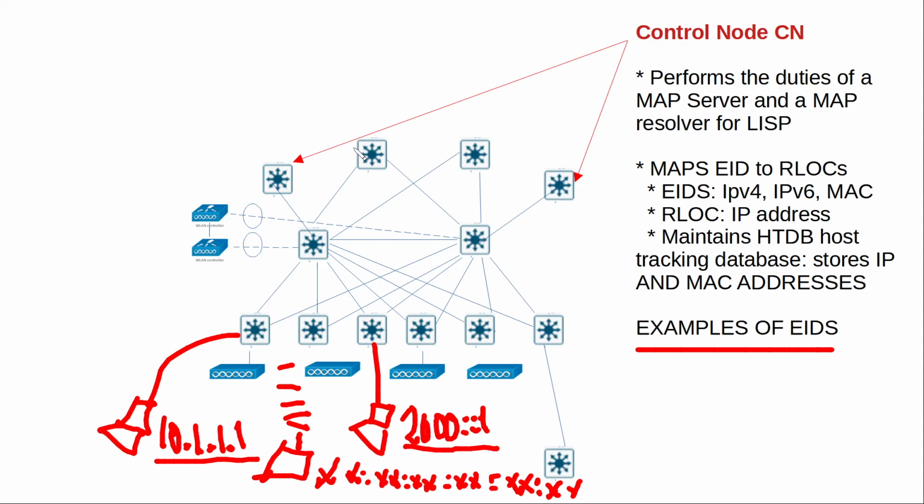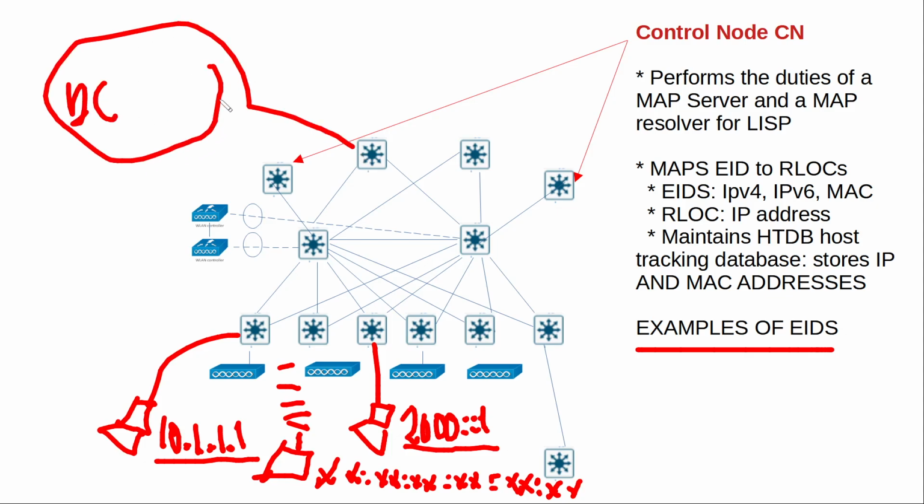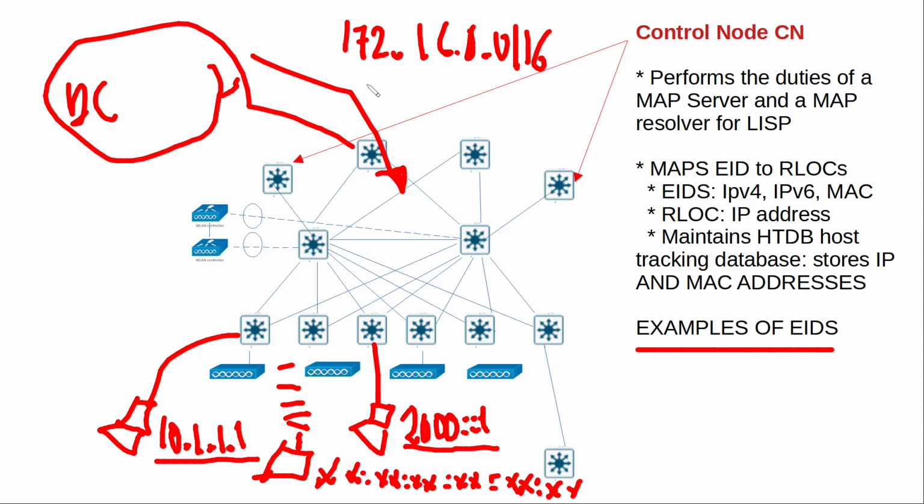I can connect my fabric to an external data center, and I may receive prefixes through routing from that data center. I may be using, for instance, the whole network block 172.16.0.0/16, and that could also be an endpoint ID.